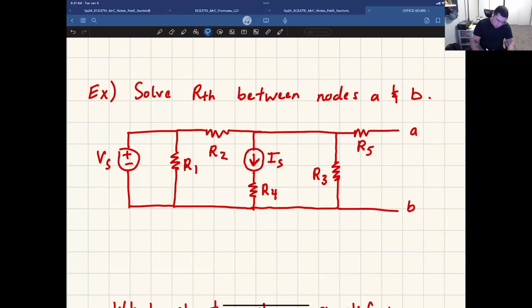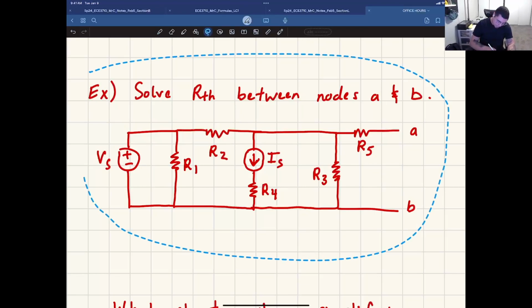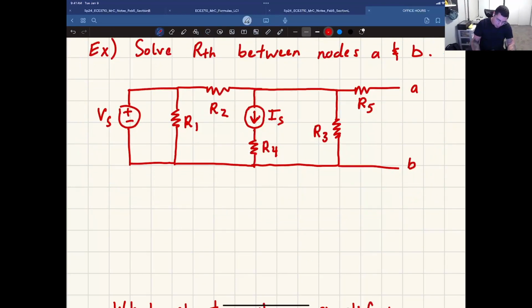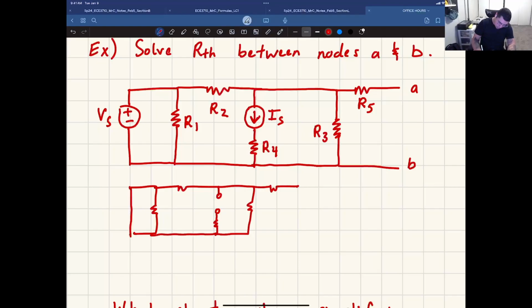Let's bring this up a little bit. Now, if I zero out my sources, my voltage source becomes a wire. My current source becomes an open circuit. What happens here?